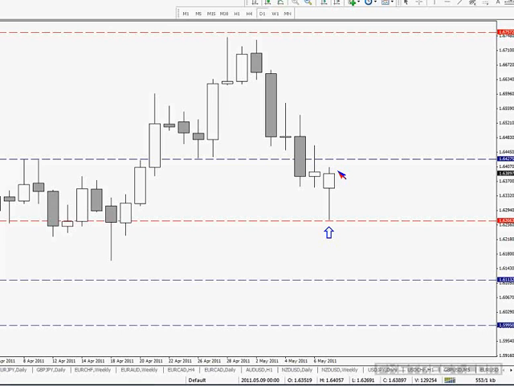If we see this bar close like this, the only issue is it doesn't fit all of our criteria. Let's just assume that the daily close looks like this. The daily close on this chart is about an hour and 20 minutes away from closing, so it could very well close something like this.